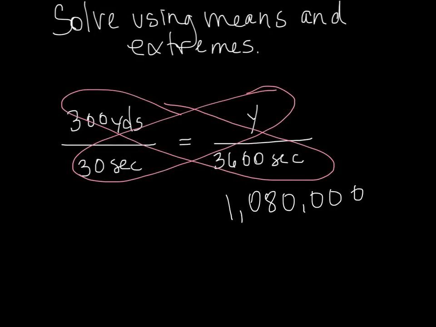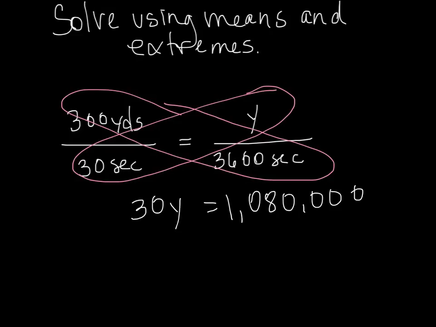That's a lot. 30 times y, 30y. Now, you have to say, we've seen this problem before. On KSS, 30 times what number will give you 1,080,000?